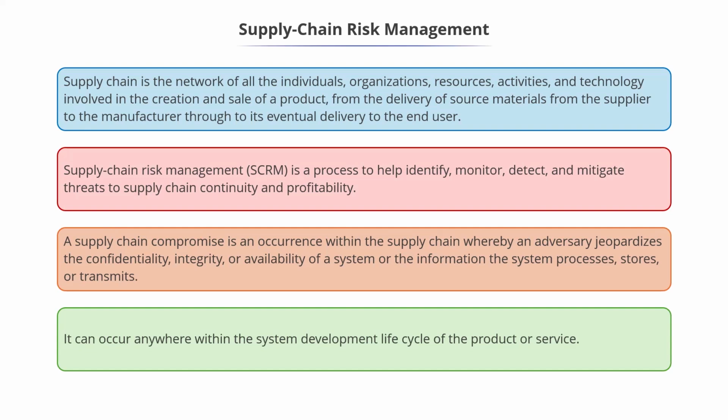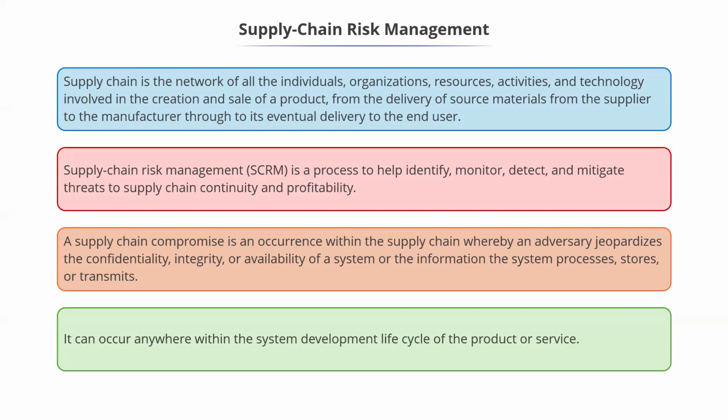So you have to ensure that supply chain is not compromised. Supply chain risk management is a process to help identify, monitor, detect, and mitigate threats to supply chain continuity and profitability.